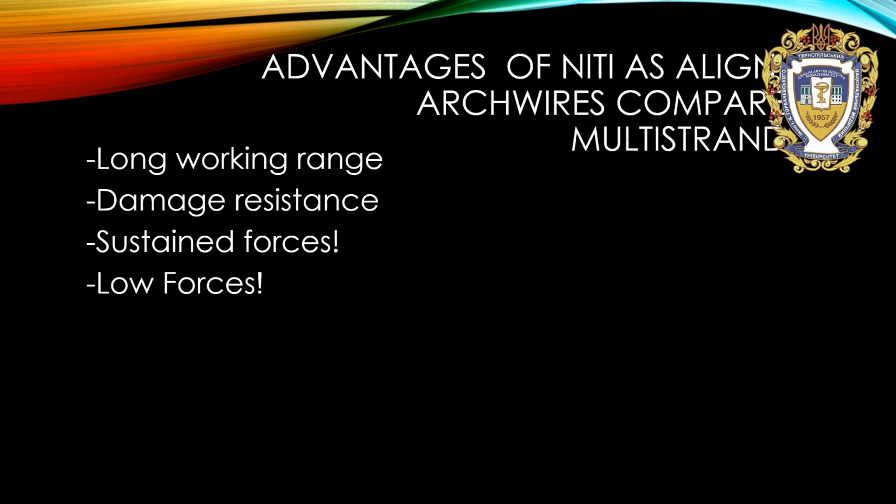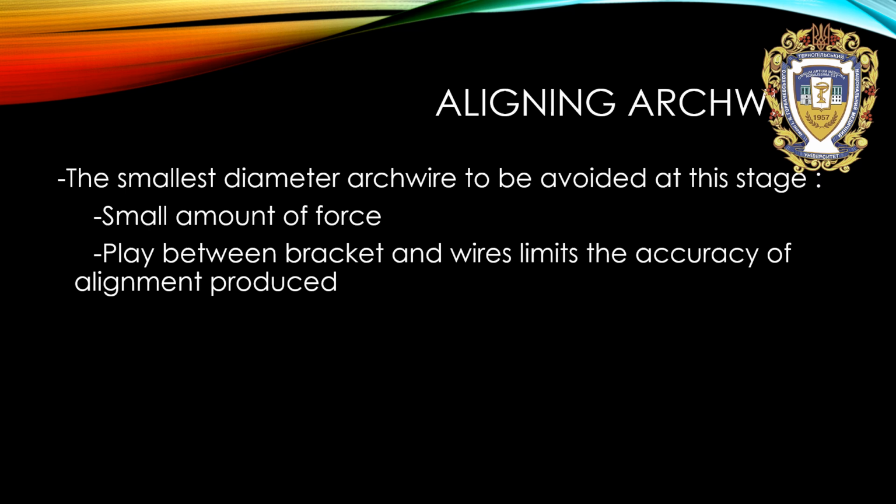stainless steel wires. Advantages of NiTi as aligning archwires compared to multi-strand stainless steel: a long working range, damage resistance, sustained forces, and low forces. About aligning archwires, the smallest diameter archwire is to be avoided at this stage.